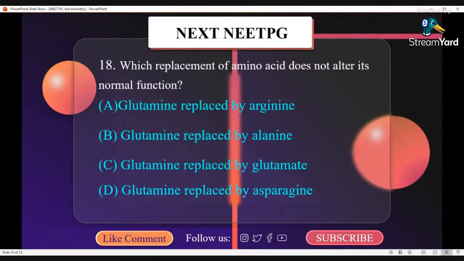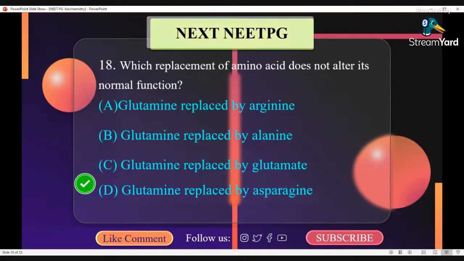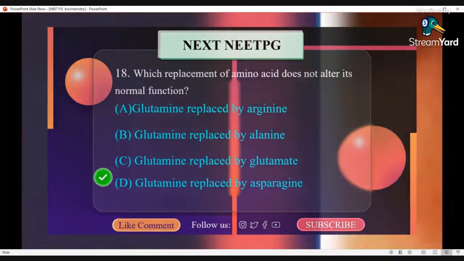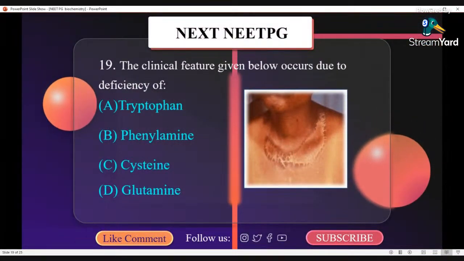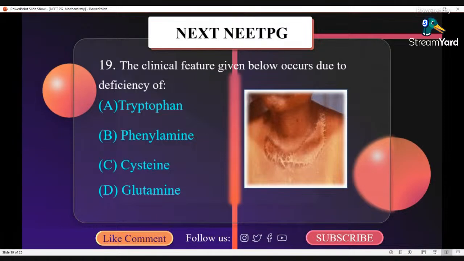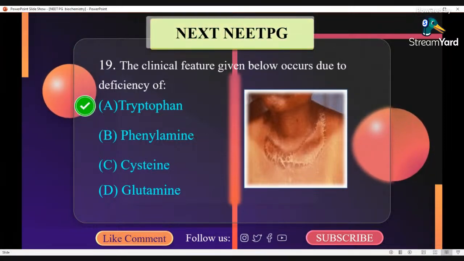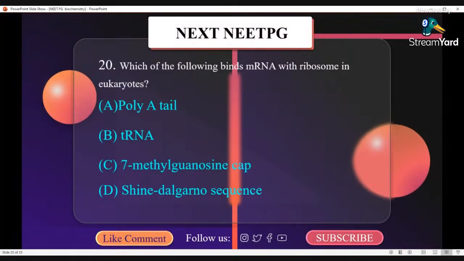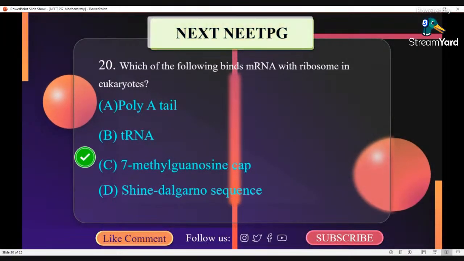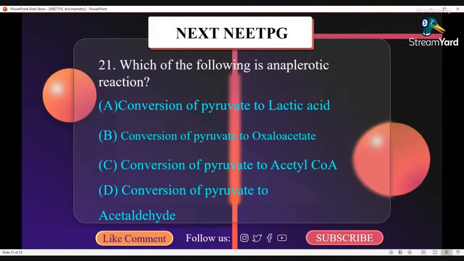Which replacement of amino acid does not alter its normal function? Glutamine replaced by asparagine. The clinical feature pellagra occurs due to deficiency of tryptophan. Which one of the following binds mRNA with ribosome? It is 7-methylguanosine cap. Which of the following is anaplerotic reaction?